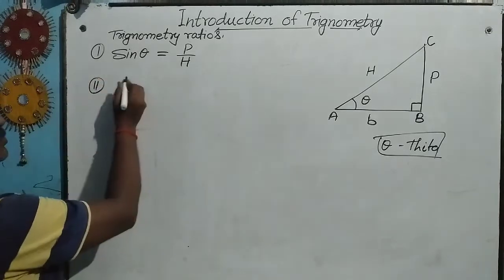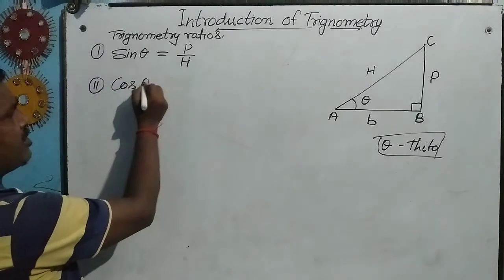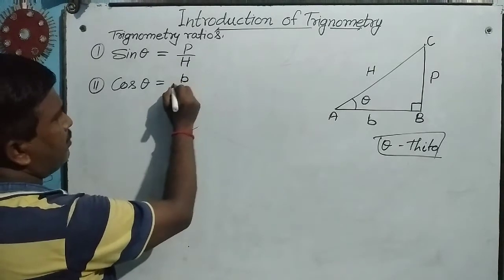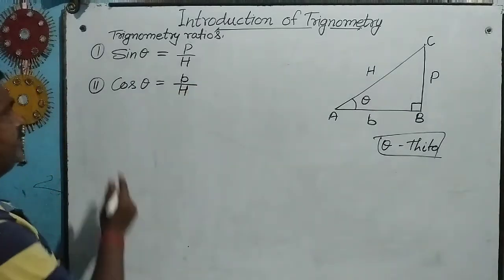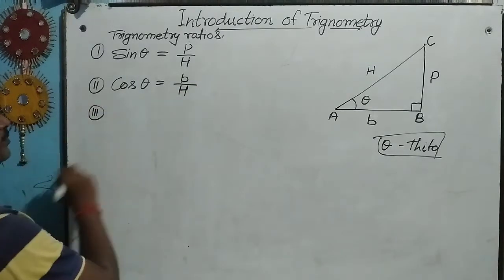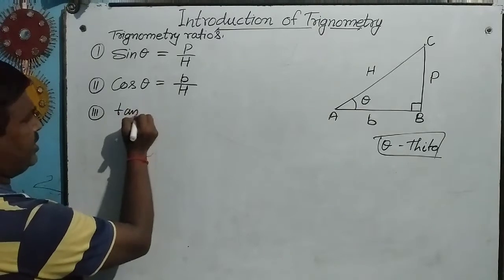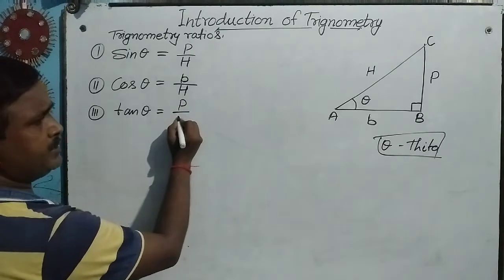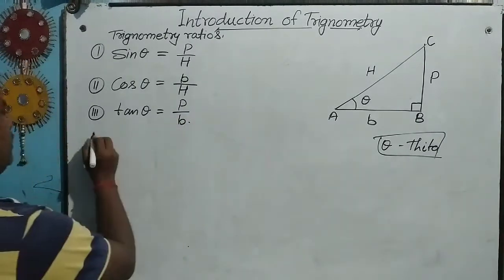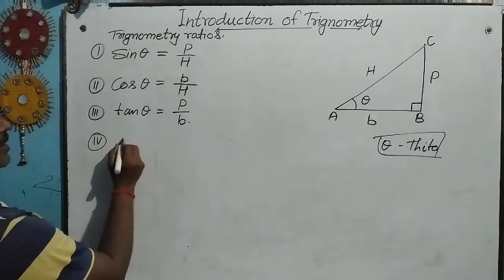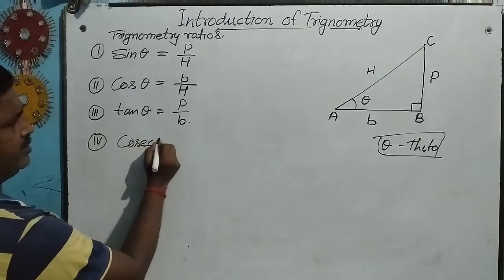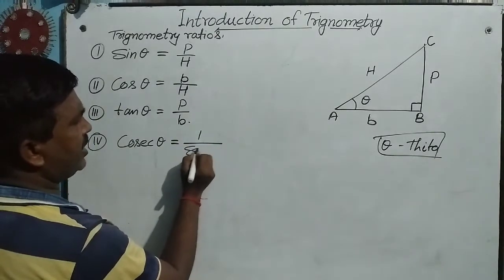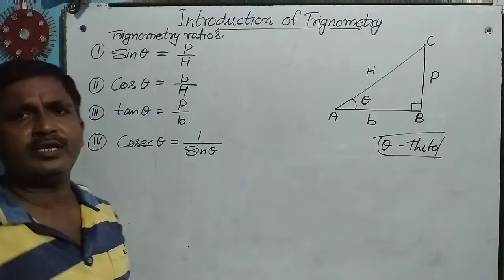The second ratio is cos theta, that is base upon hypotenuse. The third one is tan theta, and it is perpendicular upon base. Now the fourth ratio is cosec theta, which is just the opposite of sin theta.